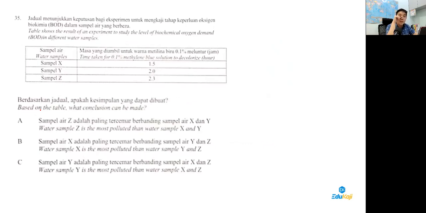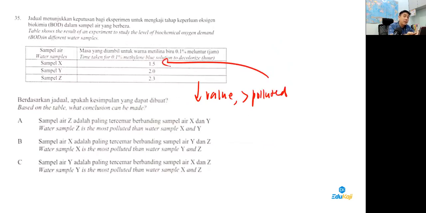So they asked to compare. Okay, so the lower the value, the more polluted. Lower the value, the more polluted. So guys, one look, you know, X is more polluted than the other two. So answer is boy. 35 answer is boy.